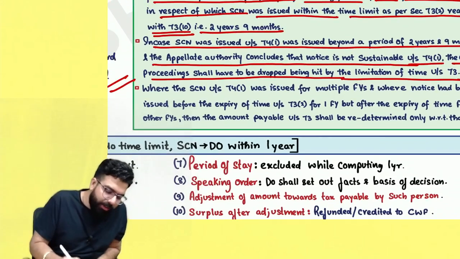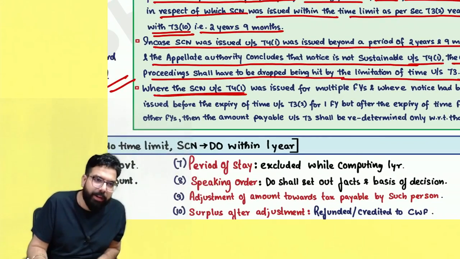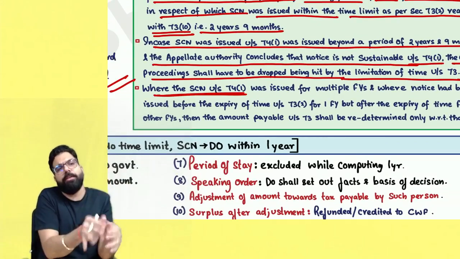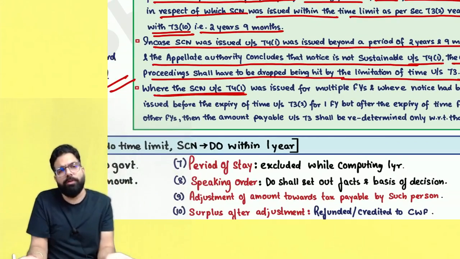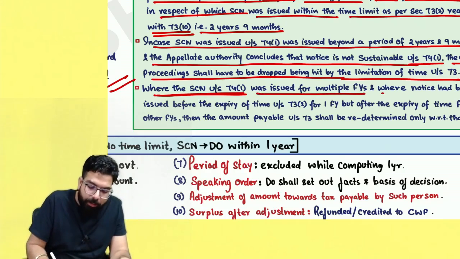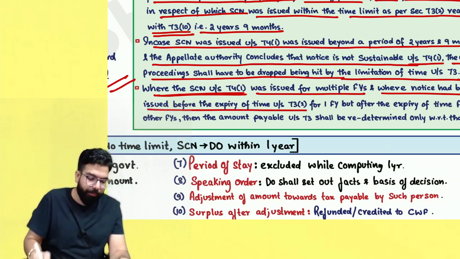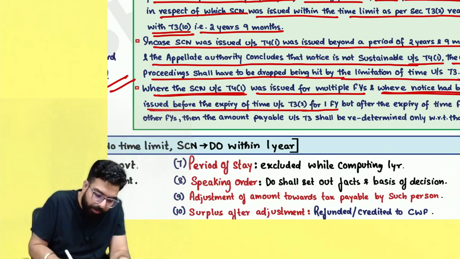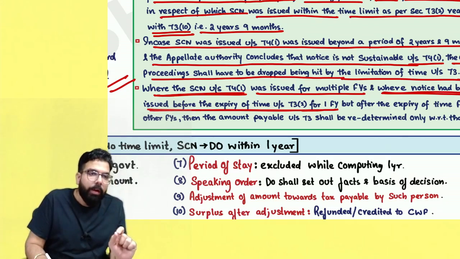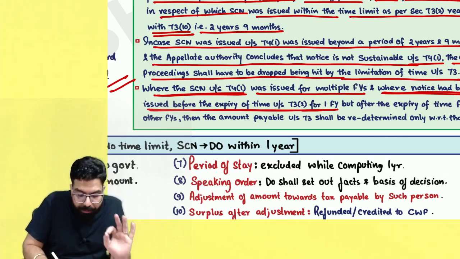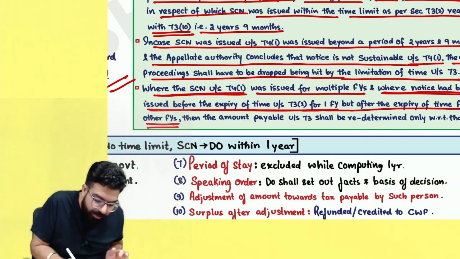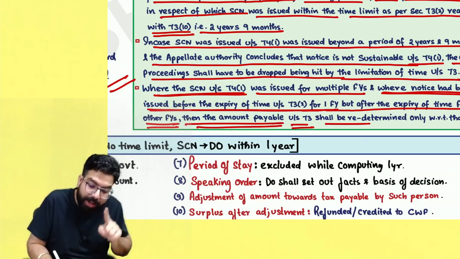The next one over here is where the show cause notice under section number 74 was issued for multiple years. For some years, the time limit is gone, but for some years, the time limit was not gone. Then they are telling that where the notice had been issued before the expiry of the time period under section number 73(2) for one financial year, but after the expiry of the time period for another financial year, then the amount payable under 73 can be redetermined.